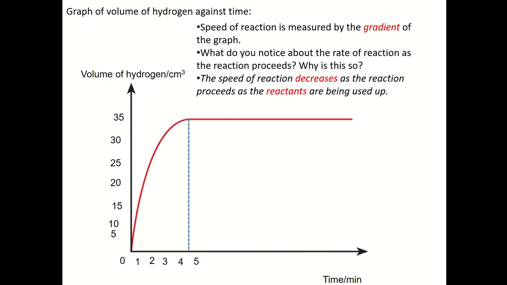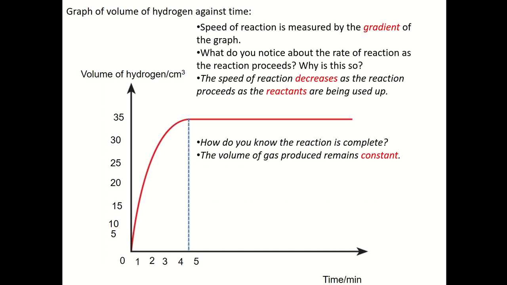And we can see that the gradient becomes gentler, which shows that the speed of reaction decreases as the reaction proceeds because reactants are being used up. And you know that the reaction completes when the volume of gas remains constant. This is because the reaction has completed, so you have the maximum amount of gas that's possible to be produced.